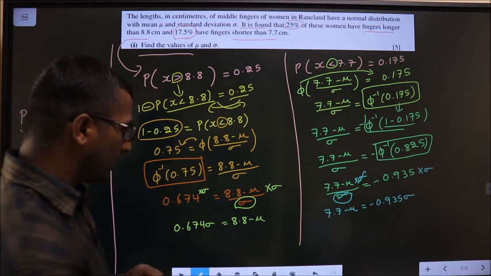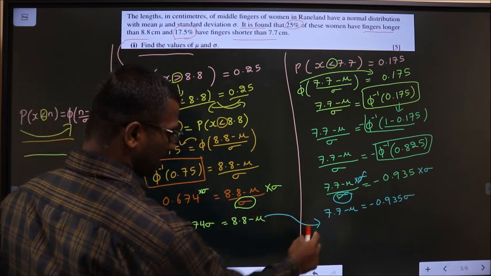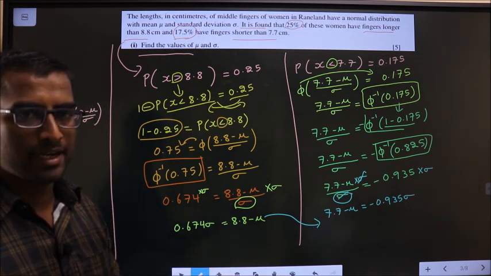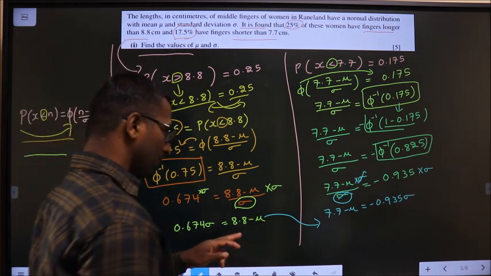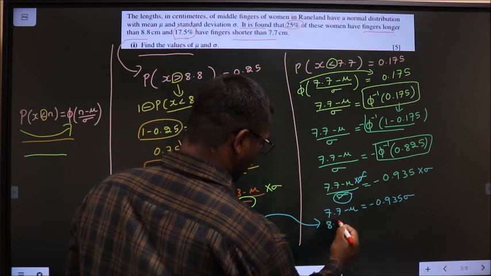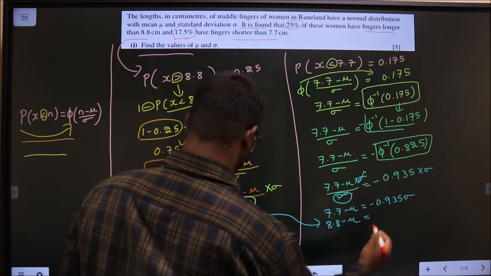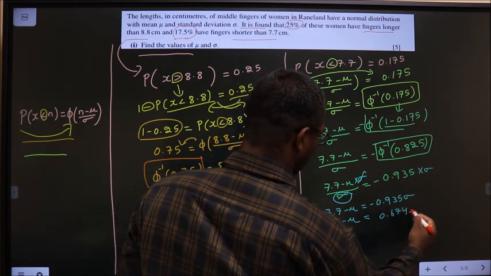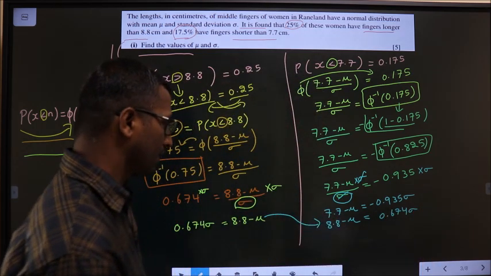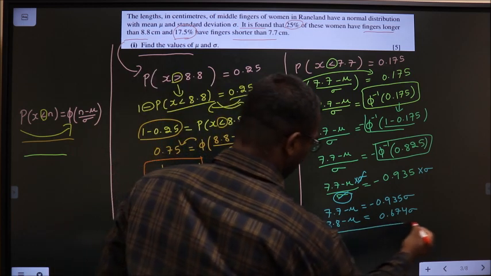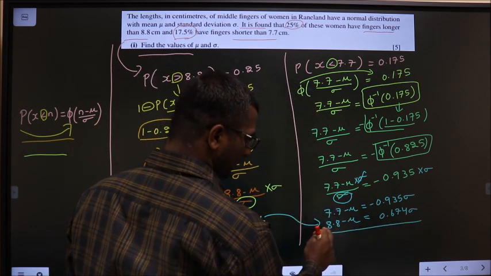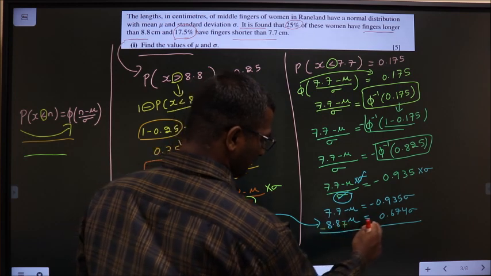Now I write this equation over here. Solve simultaneously, you will get mean and standard deviation. So it is 8.8 minus mean equal to 0.674 standard deviation. Clear? Now, to cancel out mean, I have to change the signs.